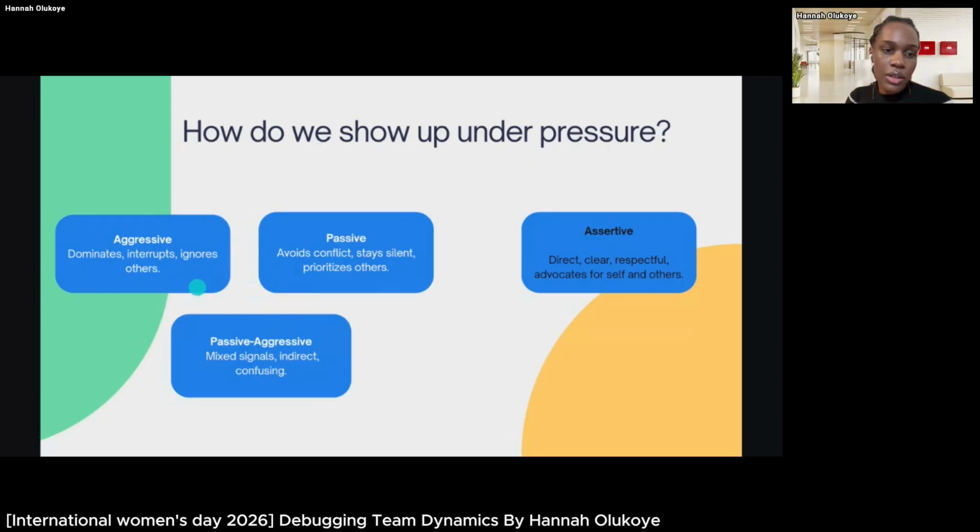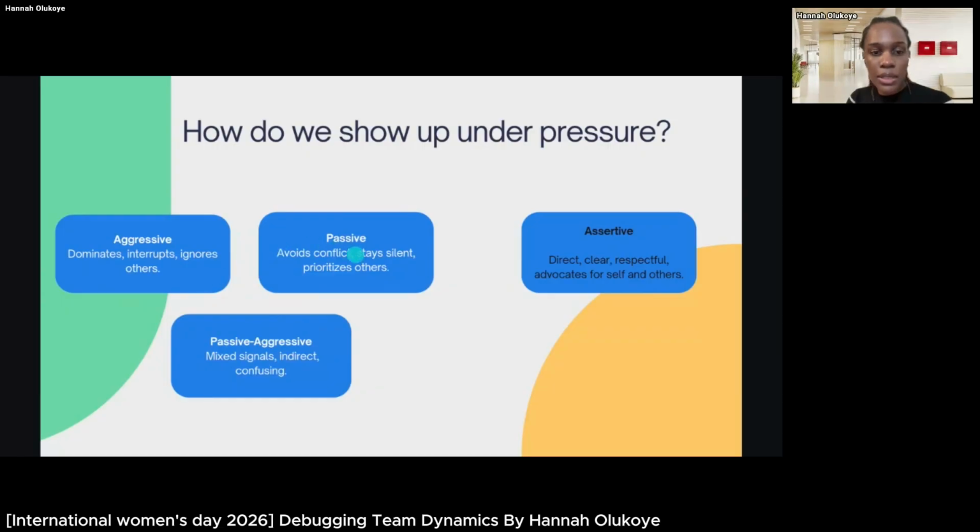So when you try and classify someone who's aggressive, some of their traits would look like they're dominating, they often interrupt, and more often than not they ignore others during group settings or discussions.